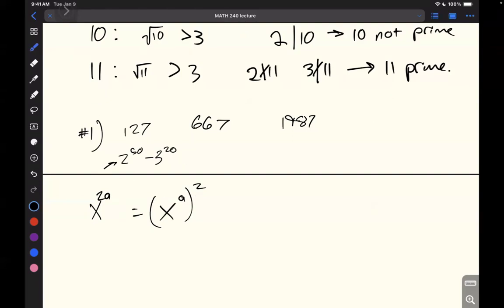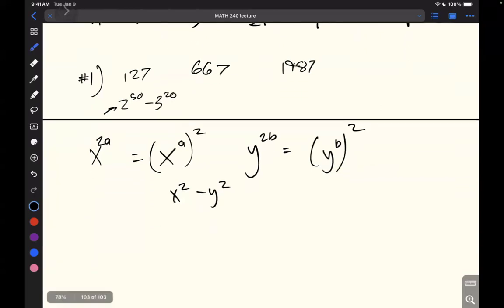And 20 is also a number divisible by 2. So if we've got y to the 2b, this is equal to y to the b, squared. And I guarantee you there is a formula for, what if we've got x squared minus y squared? How can we write that as the product of two things? We can do it. And other stuff like that.